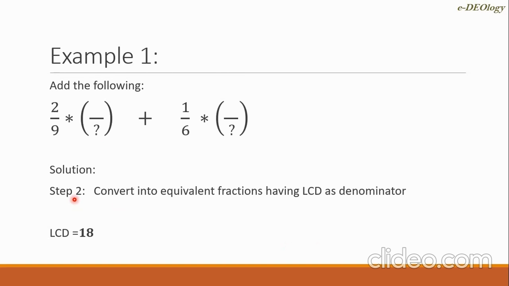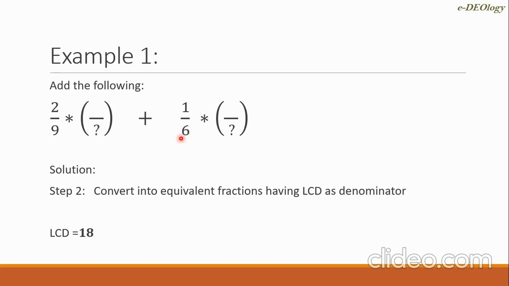Step 2 is we're going to convert the fractions into equivalent fractions, having the LCD as the denominator. Look at the 2 over 9. What we want to do is make this number 9 equal to 18. So we're going to multiply this number 9 with a number to get a product of 18.